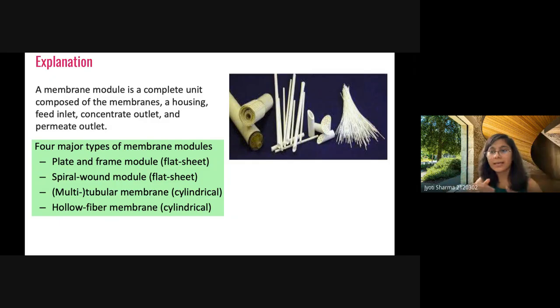So this is like a system in which we will have a lot of things, right? And we do have four major types of this module: plate and frame module, spiral wound module, multitubular membrane, and hollow fiber membrane. So these are different types of membrane modules we can have.